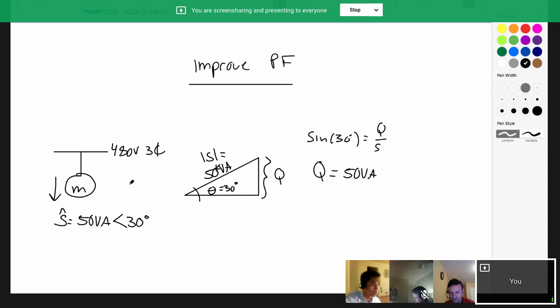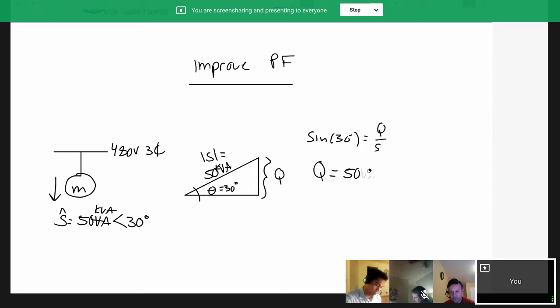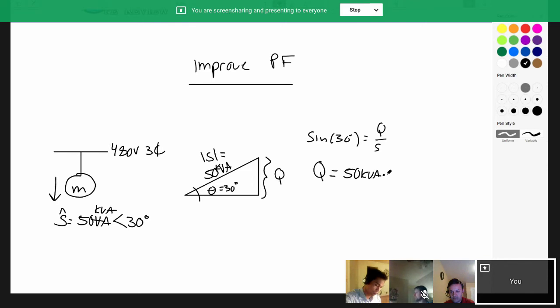Let's make that a little more realistic. So we've got 50 kVA times sine of 30 degrees. 25 kVA, okay.